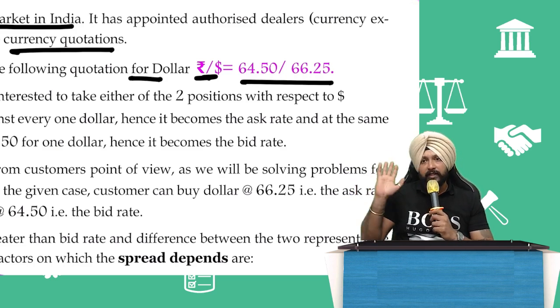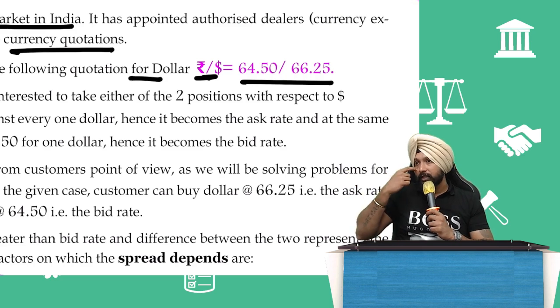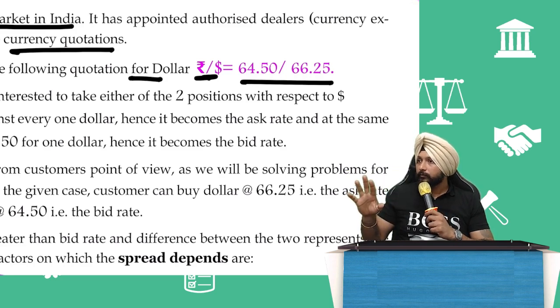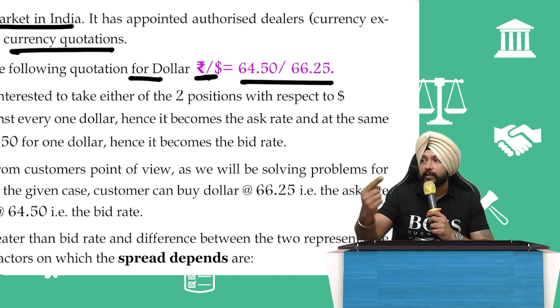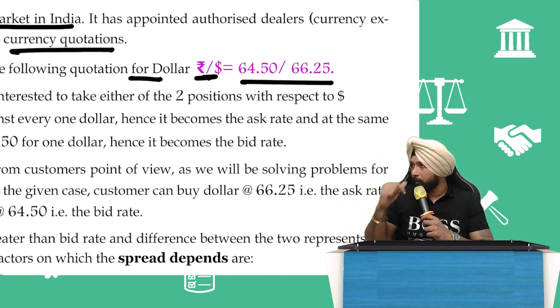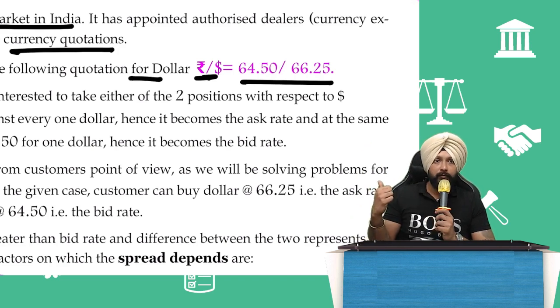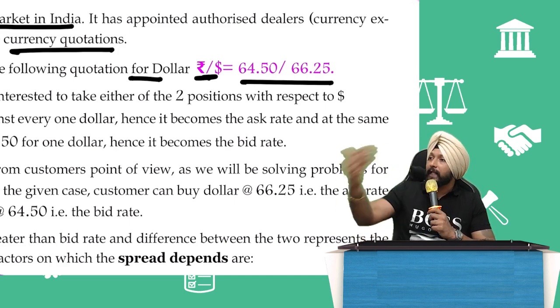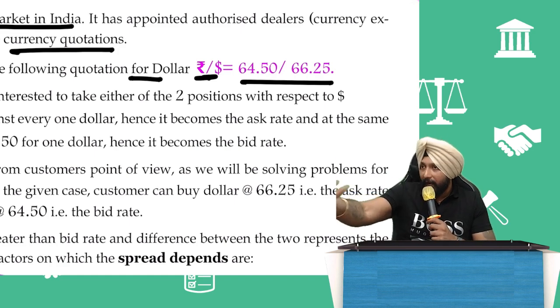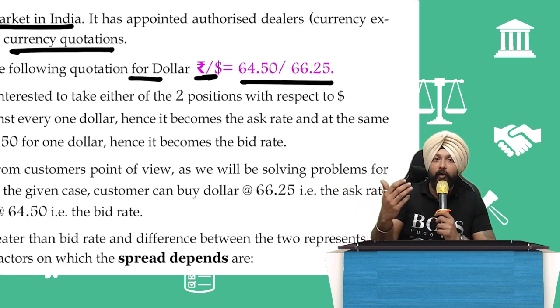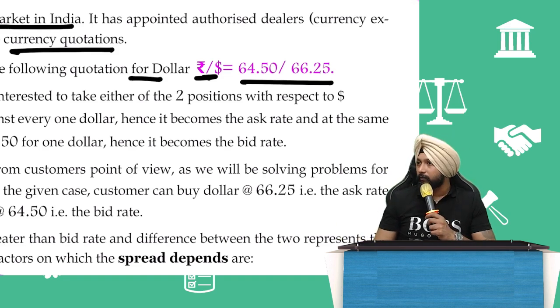First of all, dollar is the base currency. That we know. Rupee is the price currency, dollar is the base currency. For every dollar, there are two quotations available. Now the bank is saying: if you want to buy dollar from me, then I am asking you to pay 66.25.